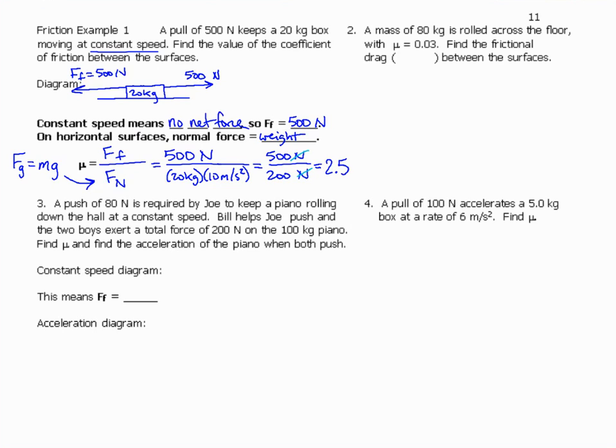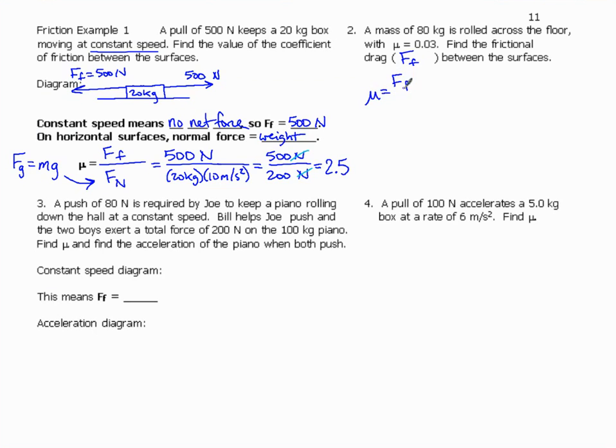Example 2. A mass of 80 kilograms is rolled across the floor with a coefficient of friction equal to 0.03. Find the frictional drag between the surfaces. We have a formula that relates these things, so let's write it down.